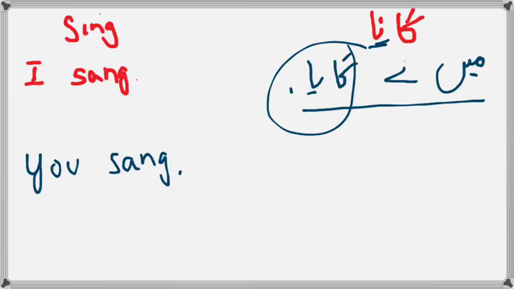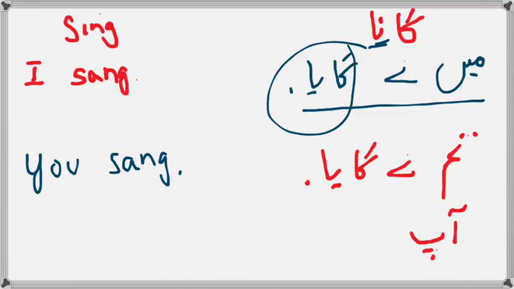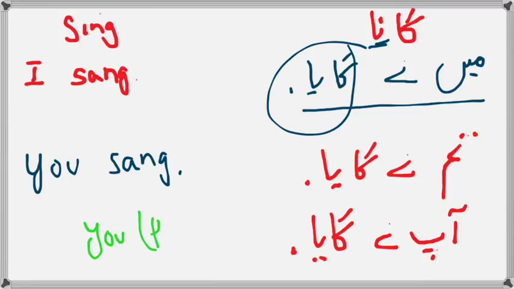You sang. Now for you we use two different versions. For a younger person we say तुमने गाया, in the past. Or out of respect we can say आपने gaya. And aapne gaya is also used for plural. If we want to talk to a group of people, you people sang, then we can say aapne gaya.